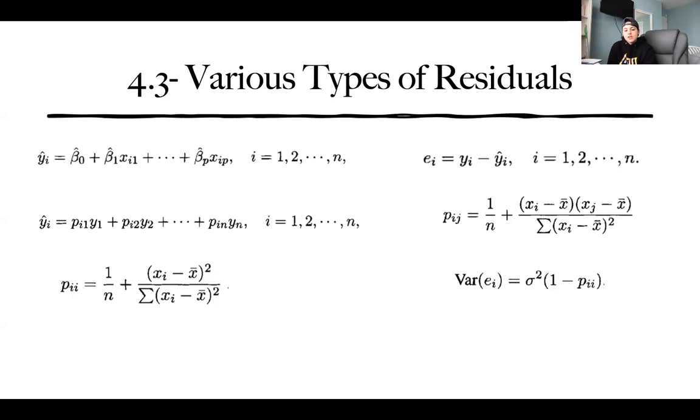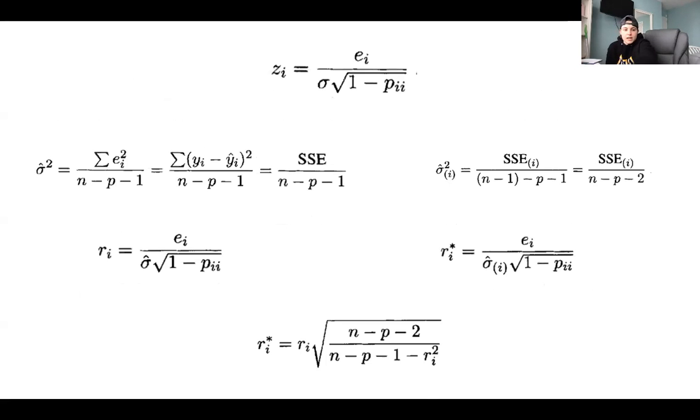To overcome this issue, we standardize the values, and we can standardize using this formula up at the top here, which is z sub i equals our e sub i value all over sigma times the radical of 1 minus p sub ii. This is our ith standardized residual with a mean of 0 and a standard deviation of 1. And this is ideally what we want.